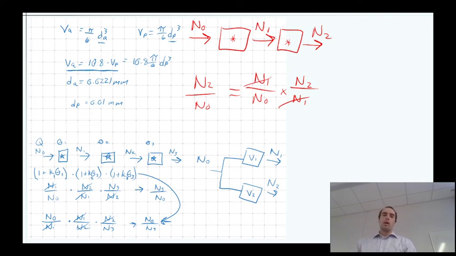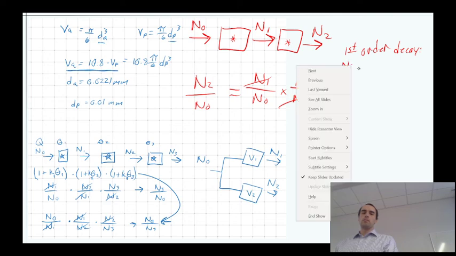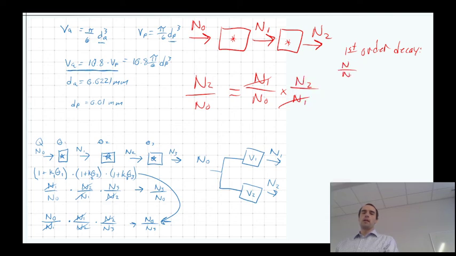And so if, let's say, we are using a first order decay as an example, we know that a generic N over N naught is going to be equal to 1 over 1 plus theta k.